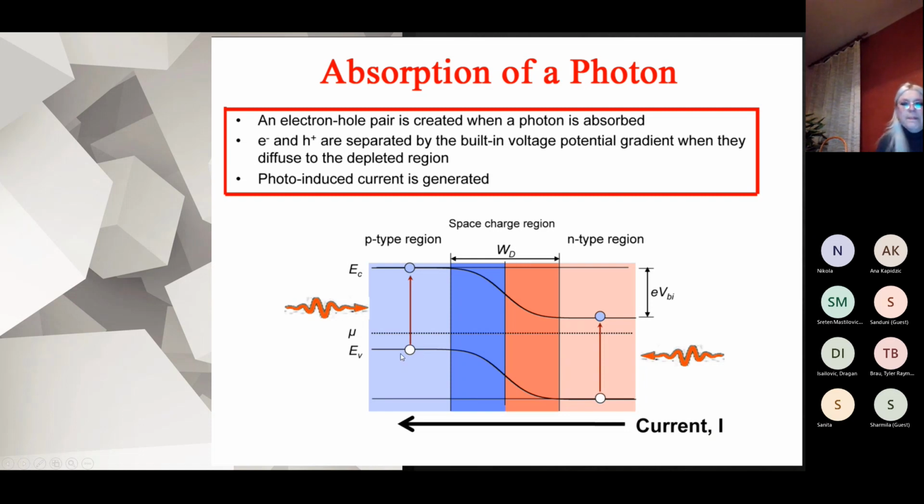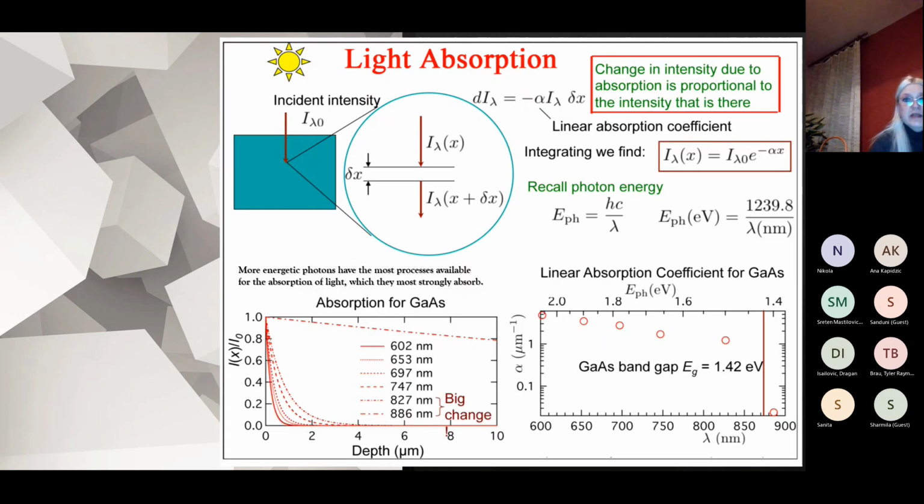It's quite important that no matter whether you illuminate the p-type or the n-type region, your curve, the photo curve or light-induced curve, will always go from the n-type region to the p-type region, as we're going to see.